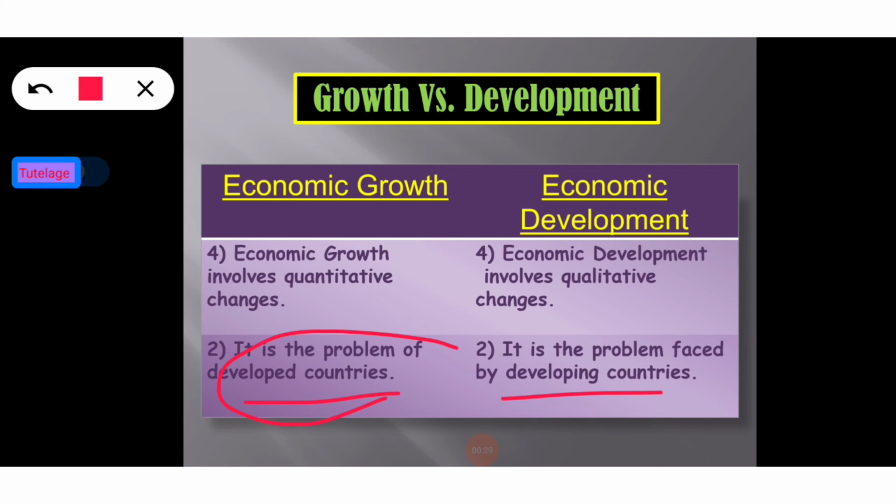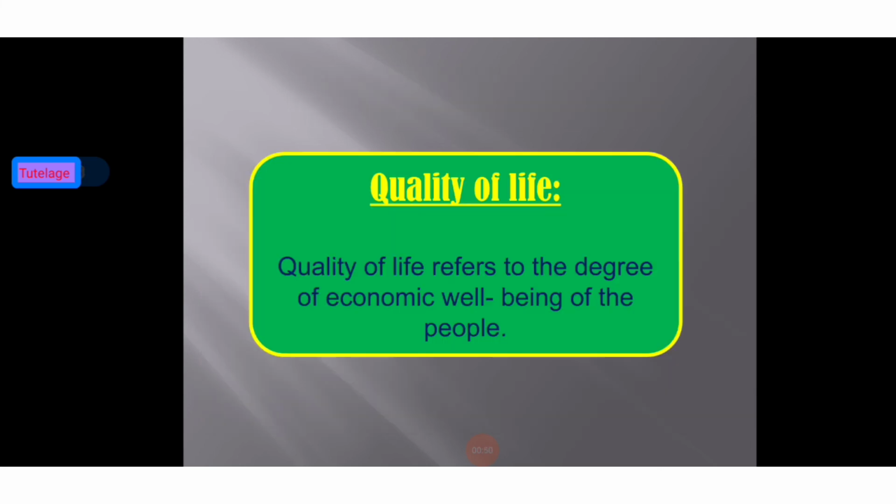So economic growth does not require much government involvement and intervention. However, economic development demands active involvement of the government, and that is one of the most interesting differences between growth and development. So now move on to the next slide.